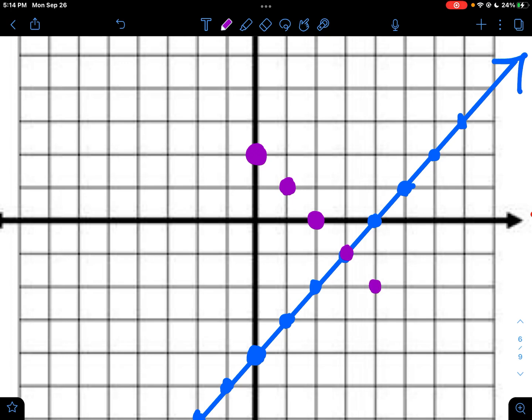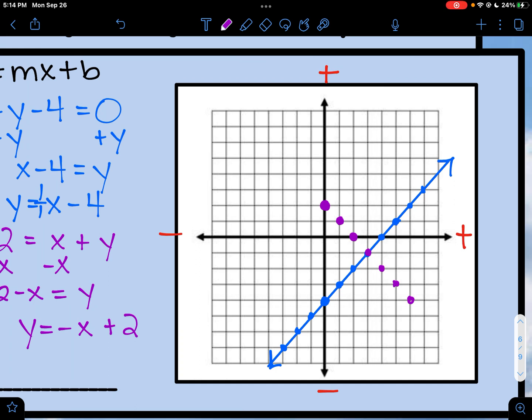Oh, my line's crossed. I see where my solution's going to be. So, let's see if I can do it this way. Okay.